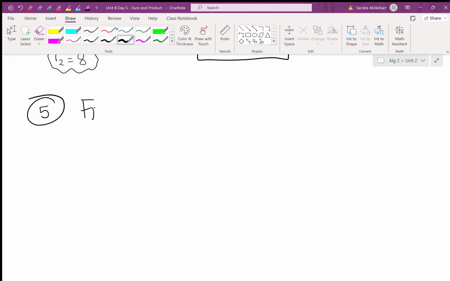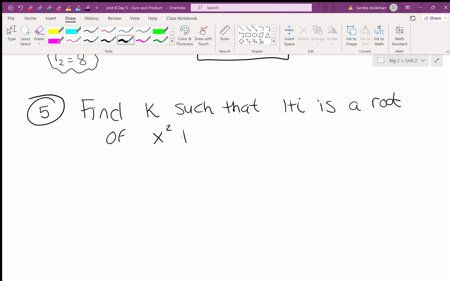Find k such that 1 plus i is a root of x squared plus kx plus 2i equals 0.